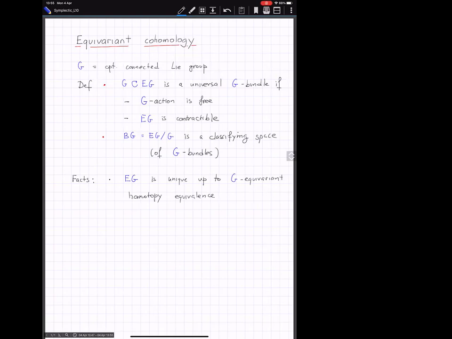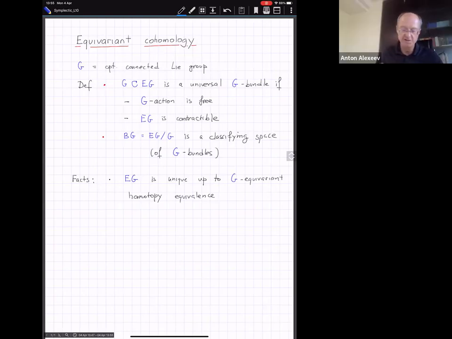So actually, I have this question. Would it be appropriate to say it's the universal G bundle? I was asking. Yeah, that's a little bit of a question, right? It depends on how you read that comment, right? So EG is in some way unique, but still it has many models, right? So those models are G-equivariantly homotopy equivalent.